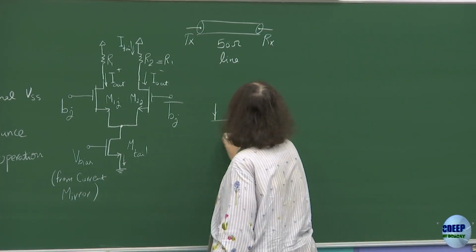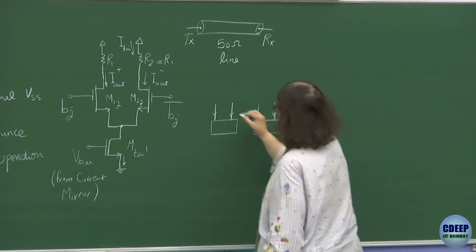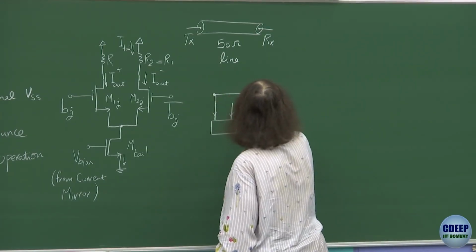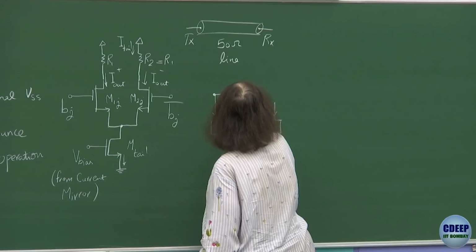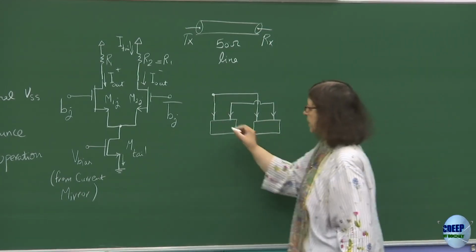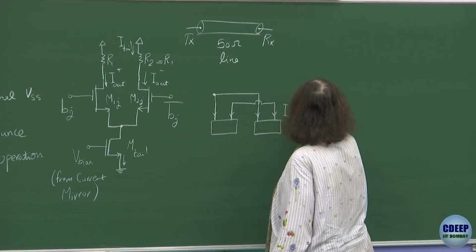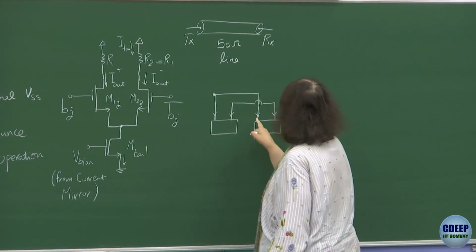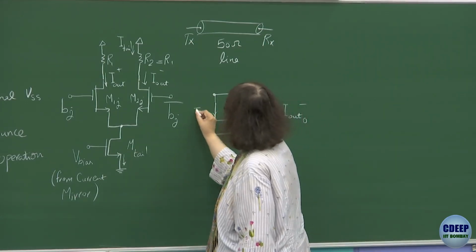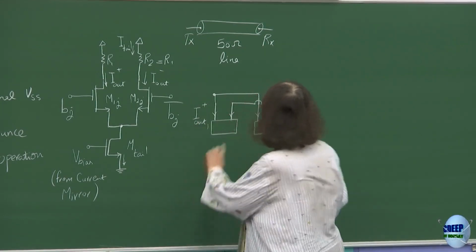Say this is differential circuit 1. Let's say we are showing only 2 cases. So these 2 are added and the other 2 also are added. So this is I out minus 0. This one is I out plus 1. The other one, this side, is I out plus 1. I don't write the other 2.